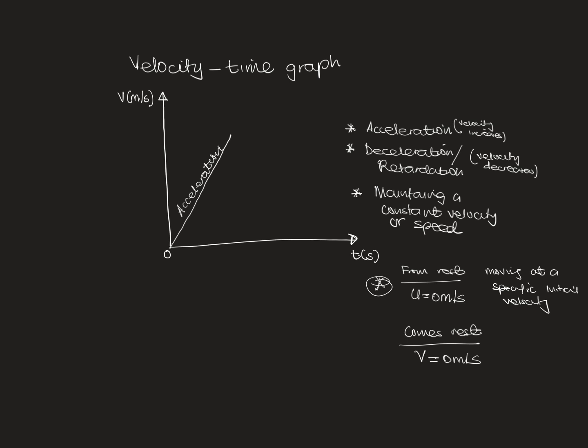At this point here, the body reaches a certain velocity, which can be calculated. Let's call it v. We know that v is equal to u plus at. That is, the final velocity is equal to the initial velocity plus the acceleration multiplied by the time. This part from here up to this point is called acceleration.